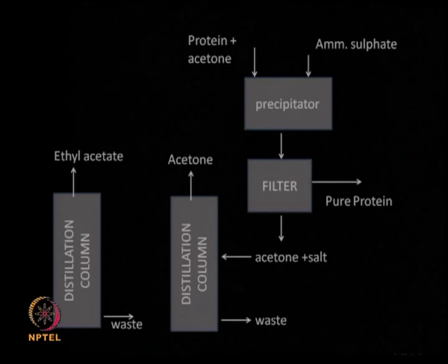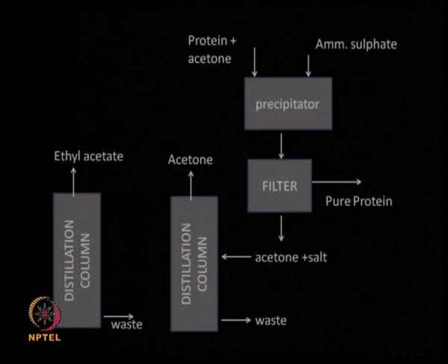So in any flow sheet design, it is not that you will always have one approach for recovery and purification of the product. You may have 2-3 different approaches. Each approach has its own advantages, disadvantages. Each approach will have a certain cost factor involved in it, and each approach will have different yields of the product and purity.